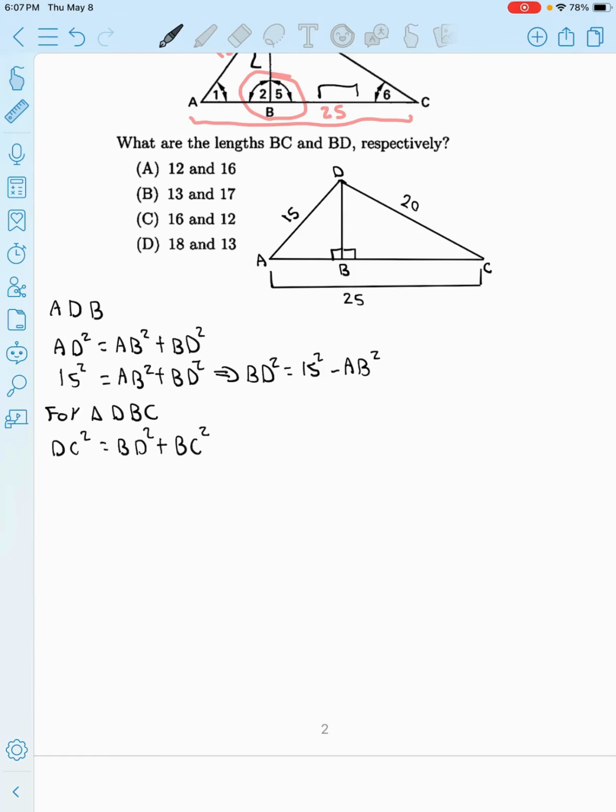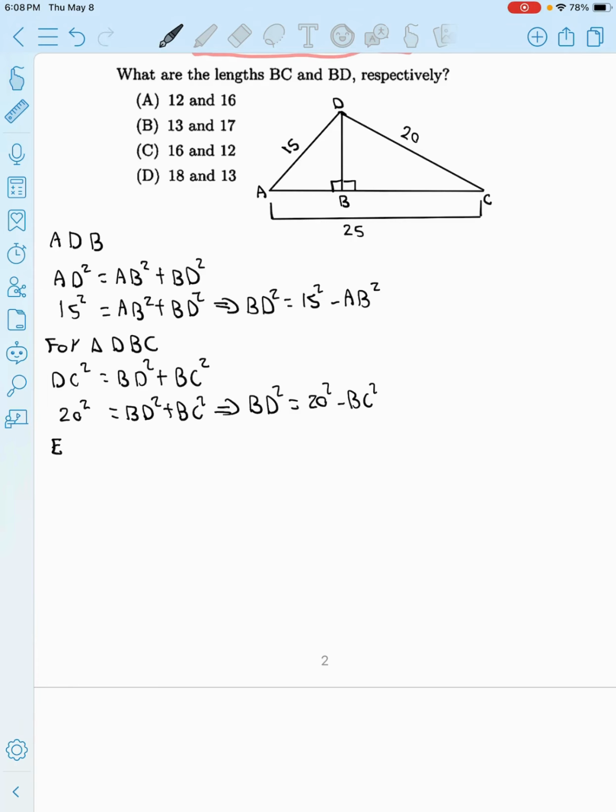Same thing here. DC is 20, so 20 squared equals BD squared plus BC squared. Get the BD by itself. BD squared equals 20 squared minus BC squared.